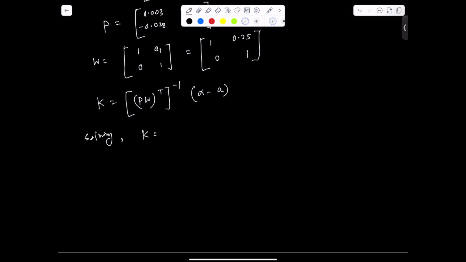And solving this, K is found to be minus 60, minus 13.7.